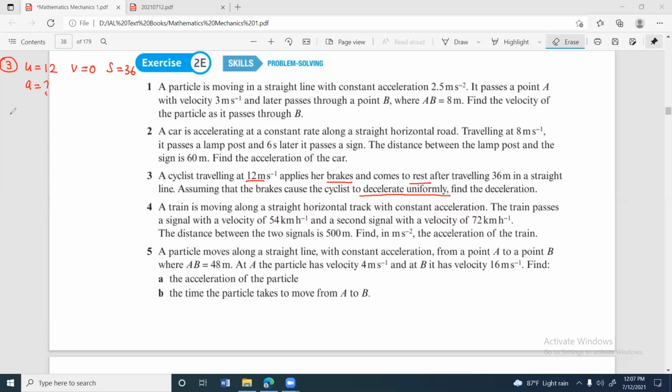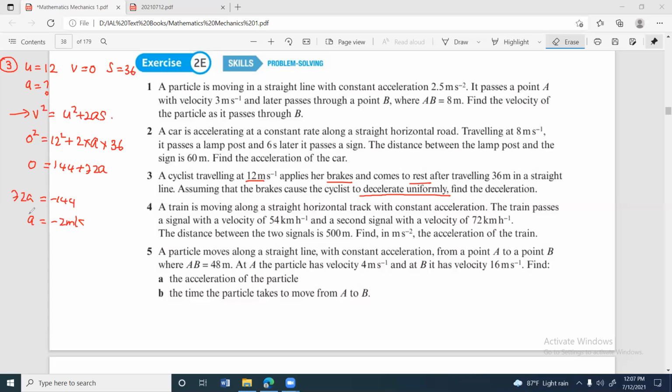So simply apply V squared equals U squared plus 2AS. So 0 squared equals 12 squared plus 2 into A, which is what we need to find, S is 36. It turns out 0 equals 144 plus 72A. Then 72A equals minus 144. Therefore A becomes minus 2 meters per square second.